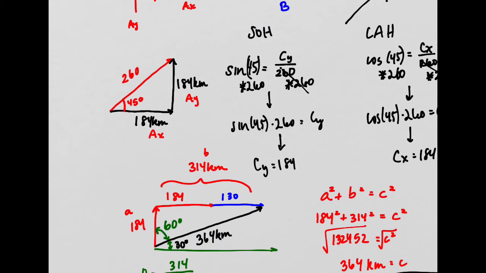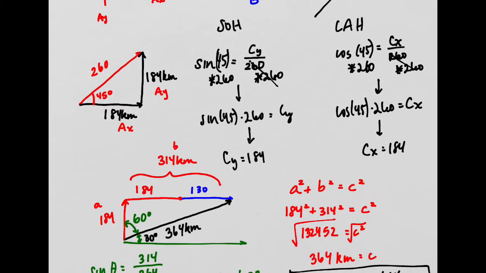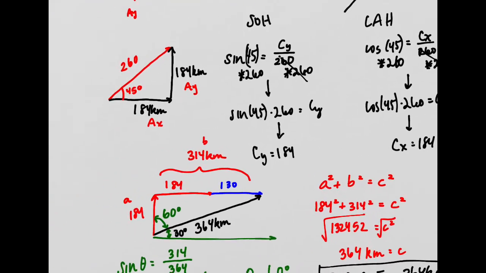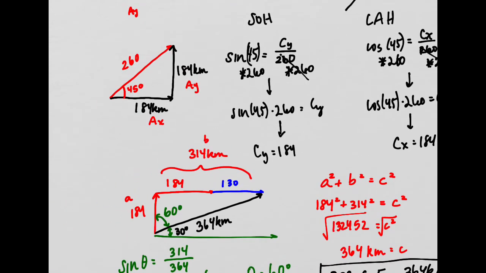So what I did is I used the trigonometric method to solve for my A vector. I solved for the AX component and the AY component. And if you want to see me solve that, you can go back and watch that yourself. I used the Pythagorean theorem first, and then, or no.